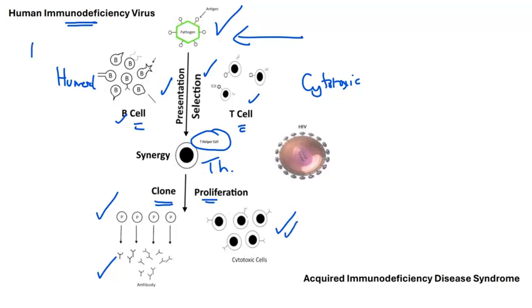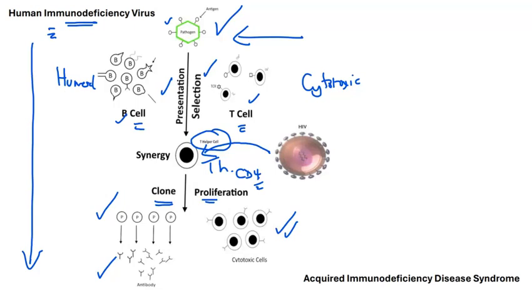So what I've just described is a synopsis of the normal response to the presence of a pathogen. However, in the case of HIV infection, HIV will preferentially attack the T helper cells, and in particular those known as CD4 type cells.